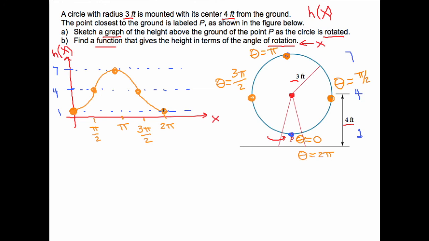Well, the next thing I want to do is find a function that gives the height in terms of the angle of rotation. So I can either use sine or cosine, but I'm going to choose to use cosine. This looks like a cosine graph that's been reflected.